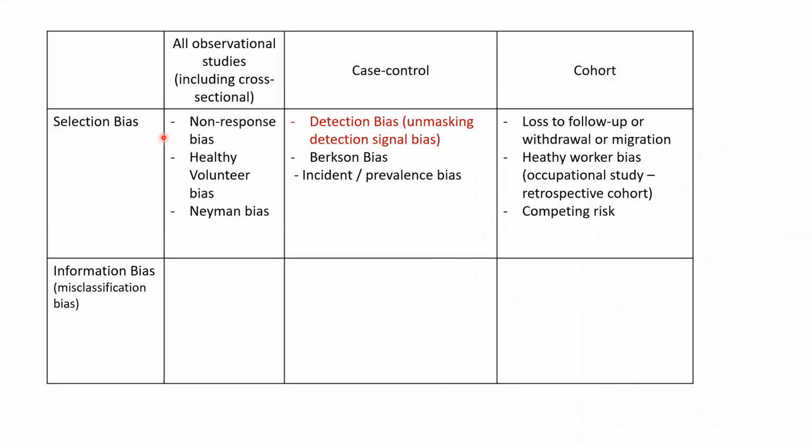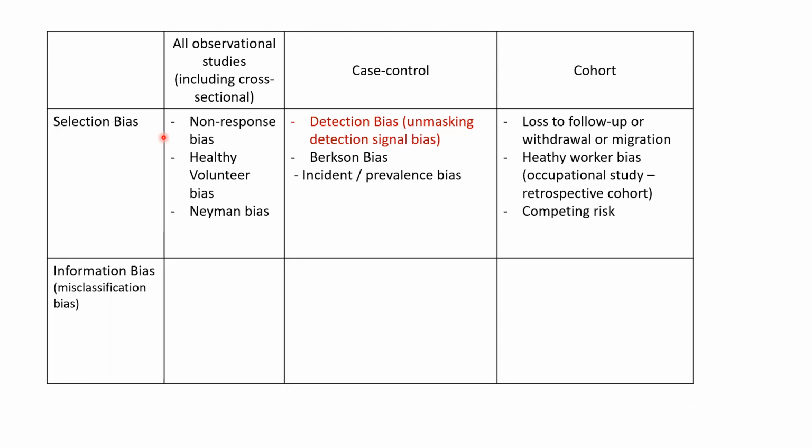So let's do the same exercise for information bias, but just focusing on the misclassification bias. So what do you remember about types of information bias? I think recall bias. Perfect, recall bias. In what type of studies is it very common, usually?